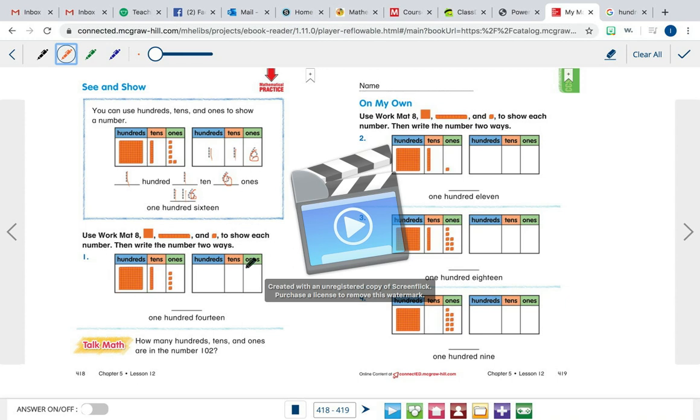Anyways, so let's look at this. It says, write the number in 2 ways. So here we have a 100, a 10, and 1, 2, 3, 4 ones. So how many am I going to put in my hundreds? If I'm going to write a number, how many am I going to put in my hundreds chart right here? The answer is 1.